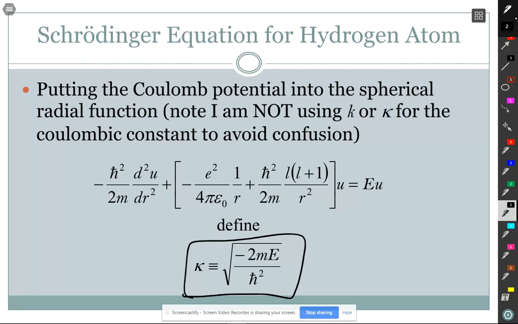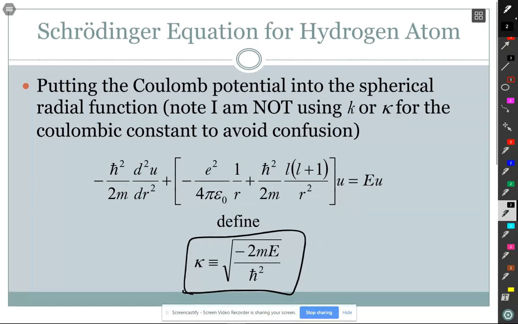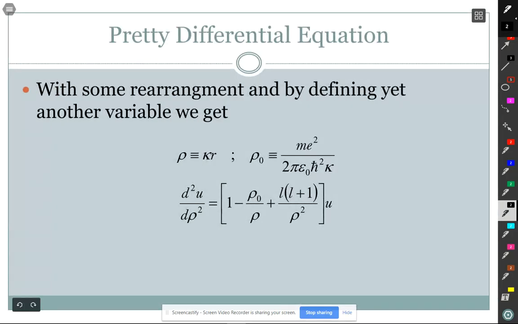So we have this kappa defined, and as you may expect, we're going to change variables. Now we already have u here, but we're going to go a step further. Actually, okay, we're not changing u, we're changing r. We're defining rho is equal to kappa r.